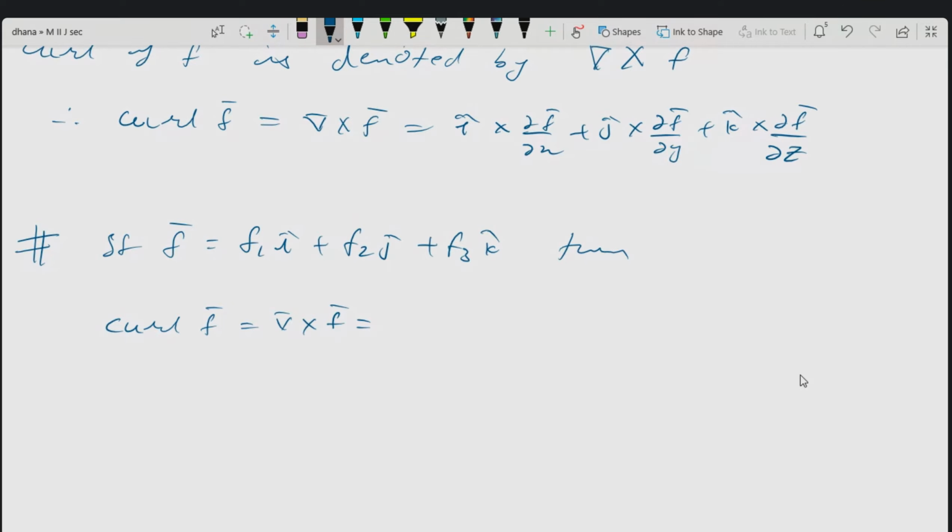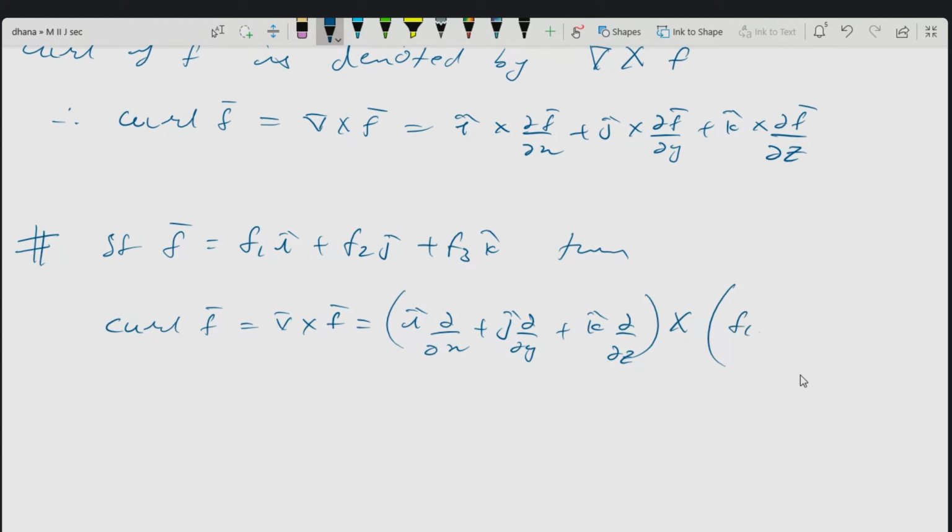Okay, del is an operator. What is that operator? Del is i dou by dou x plus j dou by dou y plus k dou by dou z. A cross product in between, and you have f bar. F bar is f1 i plus f2 j plus f3 k.